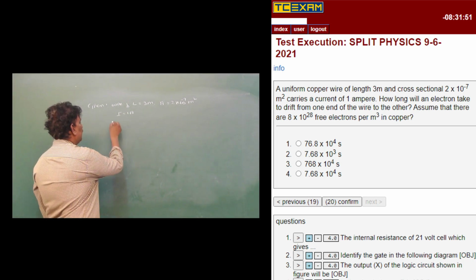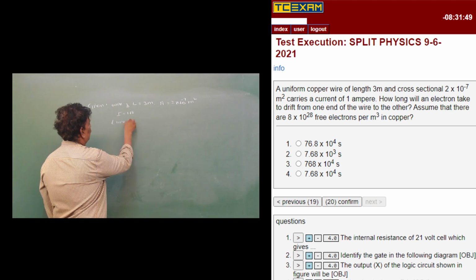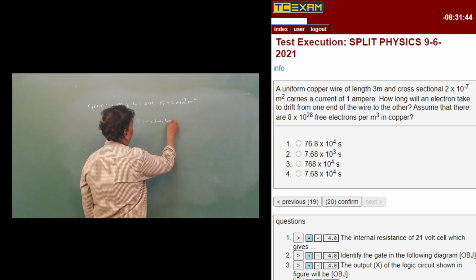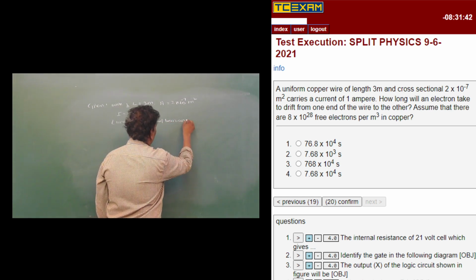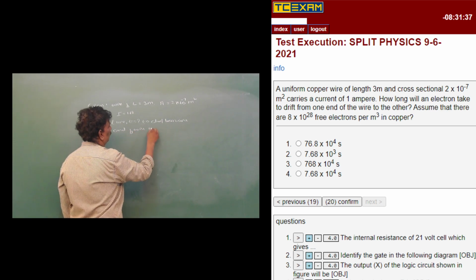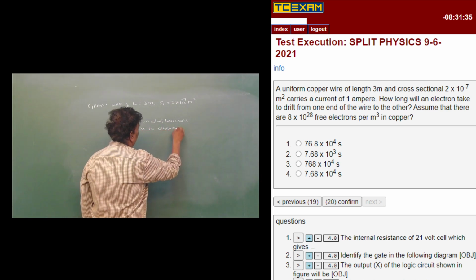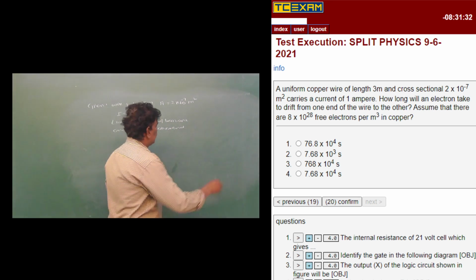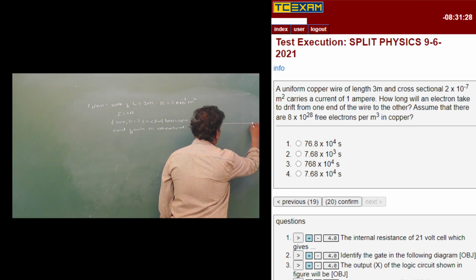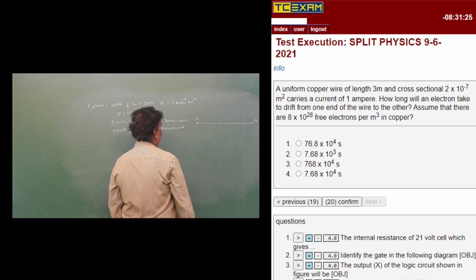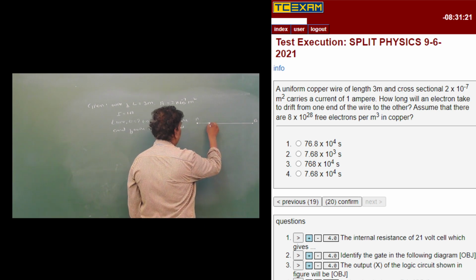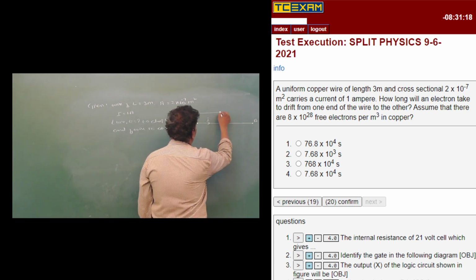Now we need to find the time t to drift from one end of the wire to the other end. Say we have the wire AB of length 3 meter. So a current I is flowing through the wire.